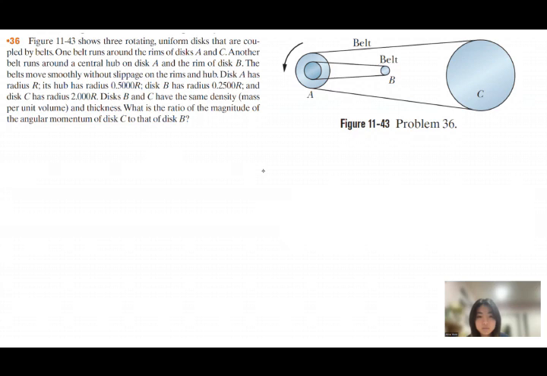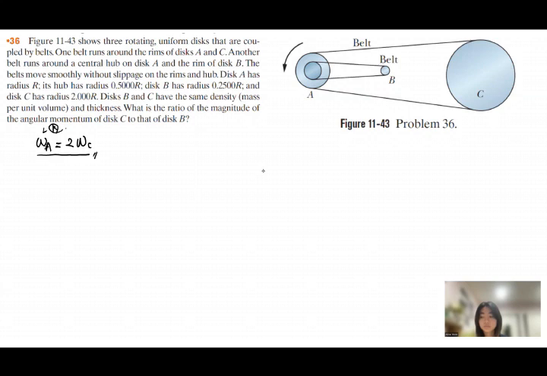So these 3 disks are all connected by the belt, and their angular velocity and linear velocity pretty much depend on the size of each individual disk with a different radius. So as you can see, the angular velocity omega A should be twice the angular velocity of C because, based on the angular momentum conservation, this A has a radius R, right?